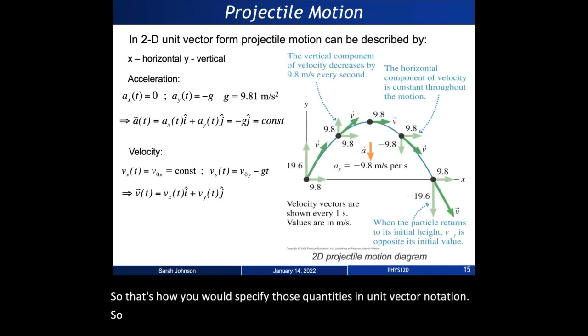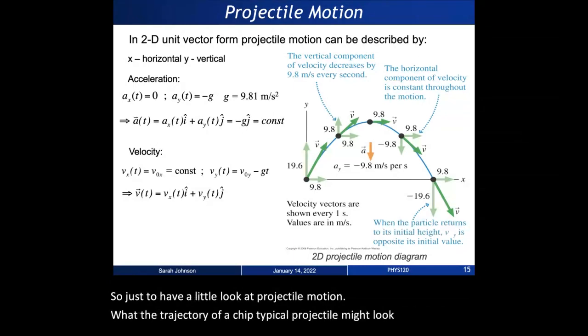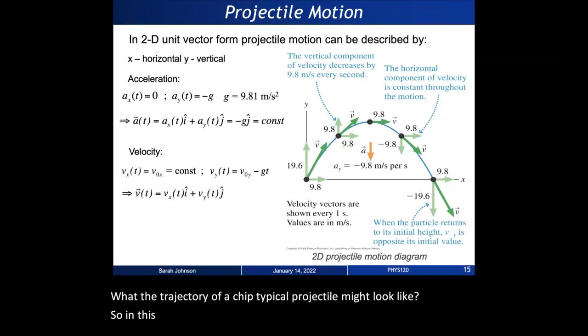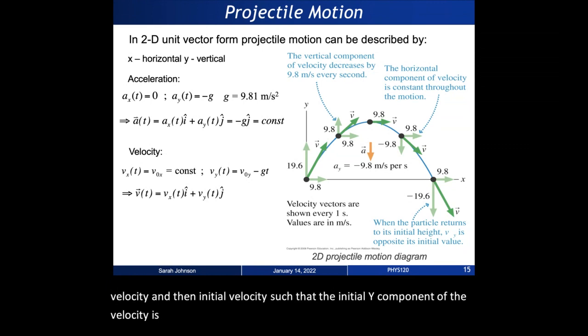Okay, so just to have a little look at projectile motion and what the trajectory of a typical projectile might look like. In this case, we have a projectile that's being launched with an initial velocity such that the initial y component of the velocity is 19.6 meters per second, and the initial x component is 9.8 meters per second.